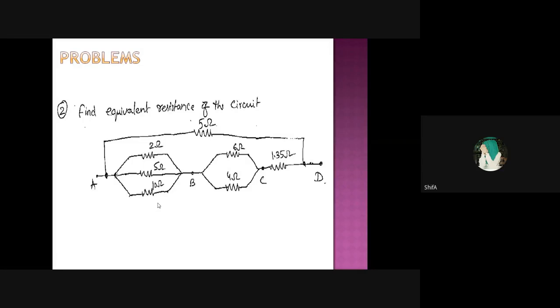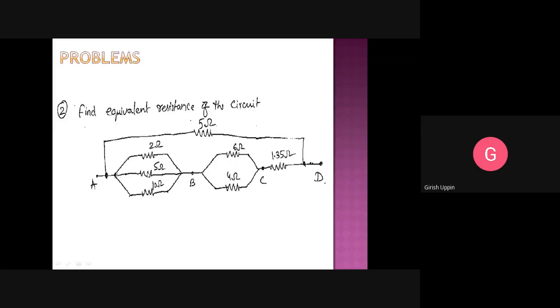Parallel. Very good, because these three resistances, 2 ohm, 5 ohm, 10 ohm, are connected between two common nodes. Okay, so you have to solve this one separately. Now again, if you see, these two resistors are connected in parallel, correct? So you will replace this combination with one resistor, and you will replace this combination with one resistor.